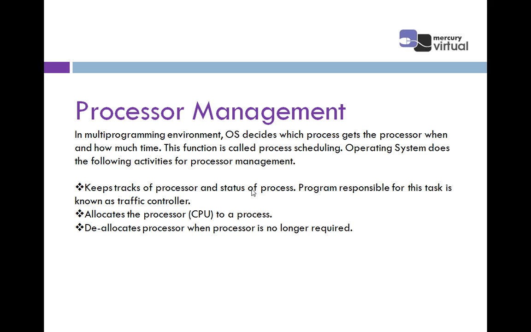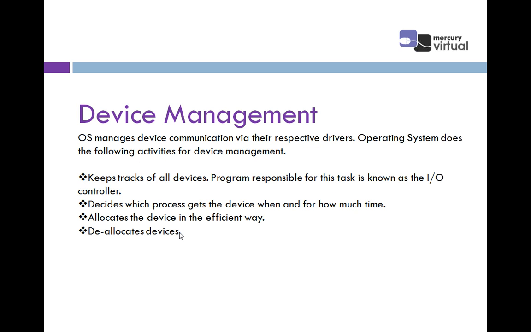It keeps track of which process is used and what its status is, whether it is idle, running, waiting, and so on. Then it also allocates the CPU to different processes. Then it deallocates the processor when there is no requirement for the process. Right. This is the second function.